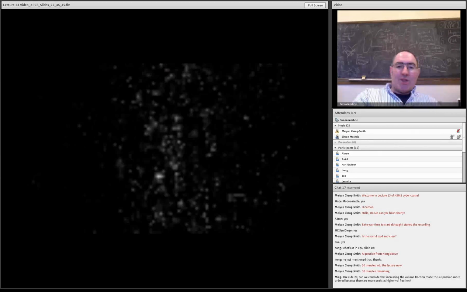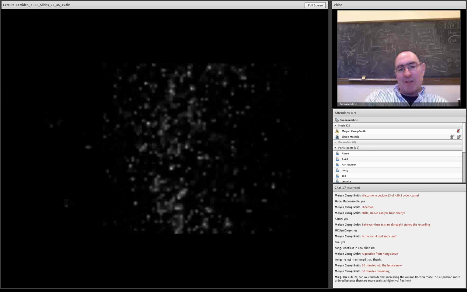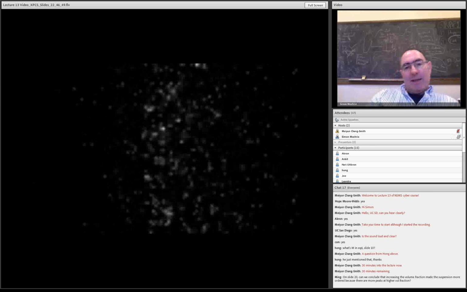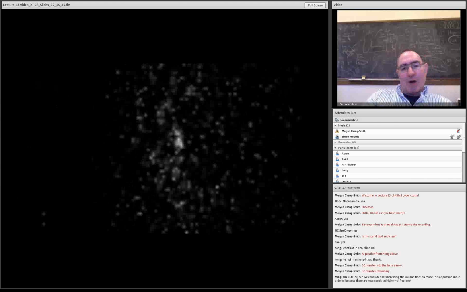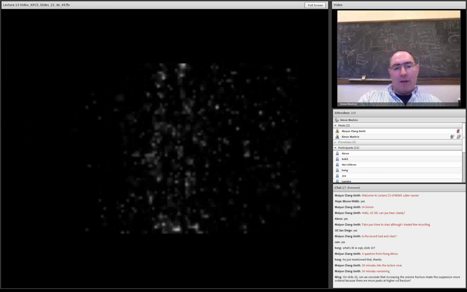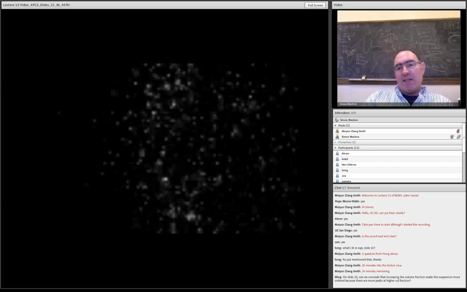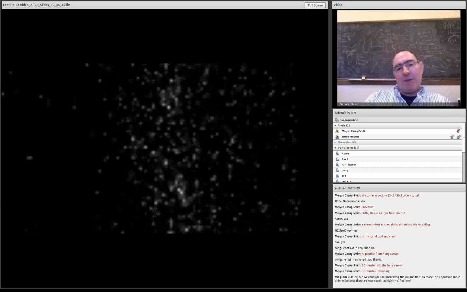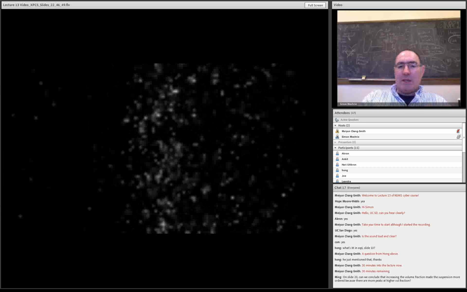Yeah, so this is what XPCS data from a strongly scattering sample looks like. What you see on the screen is a bunch of bright patches, and if you focus on a bright patch for a moment, what you'll see is that it stays there for a little while, but then it disappears, and you go to another one and that stays there for a little while and then it disappears.